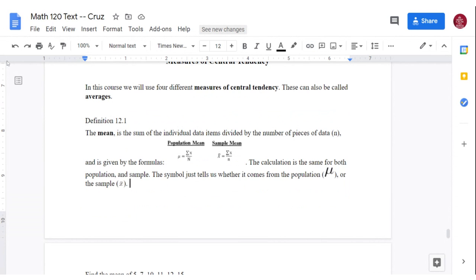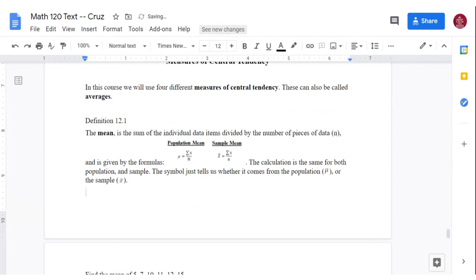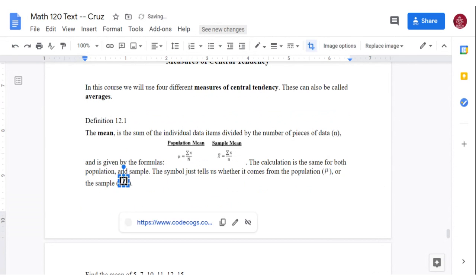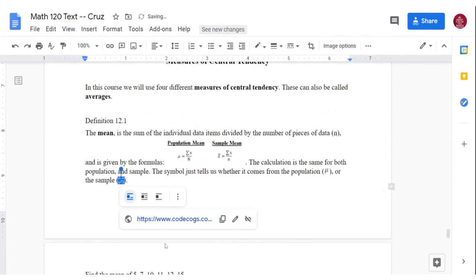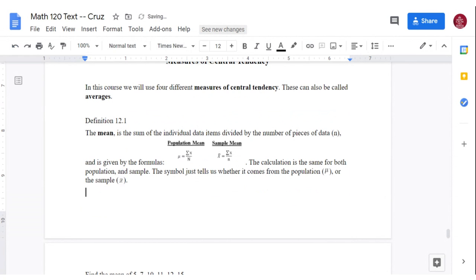It's like a fancy U, but it's called mu. And then for the sample, it's called x bar. It's just an X with a line over it. But the calculation is exactly the same.